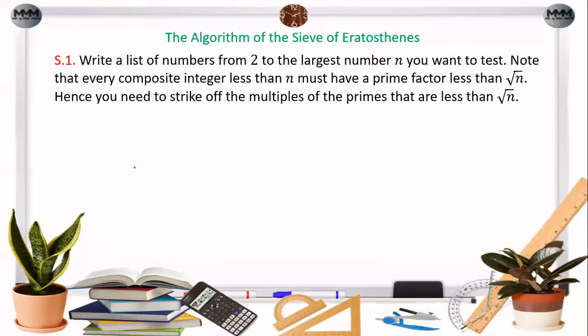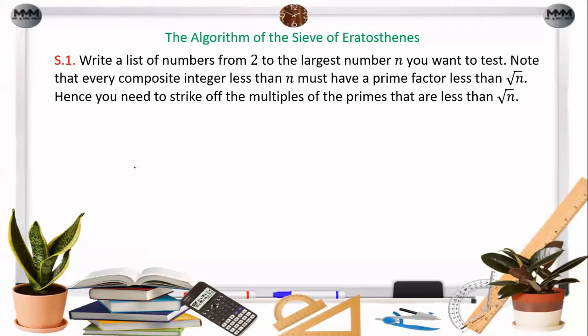First, we write a list of numbers from 2 to the largest number n you want to test. Note that every composite integer less than n must have a prime factor less than the square root of n.